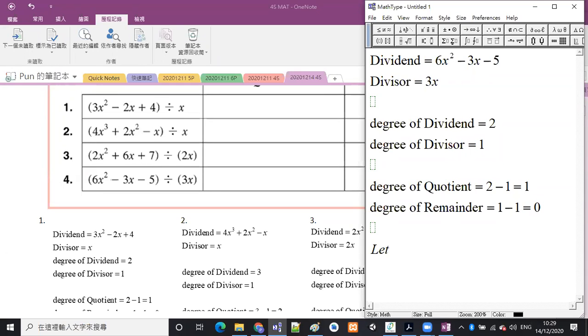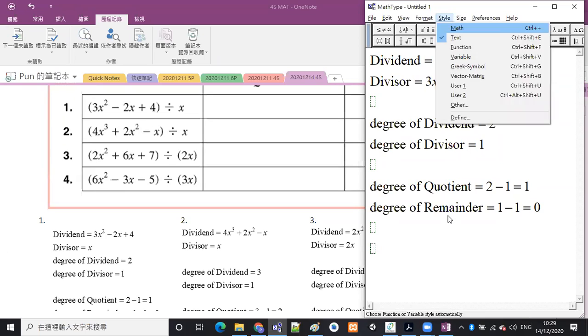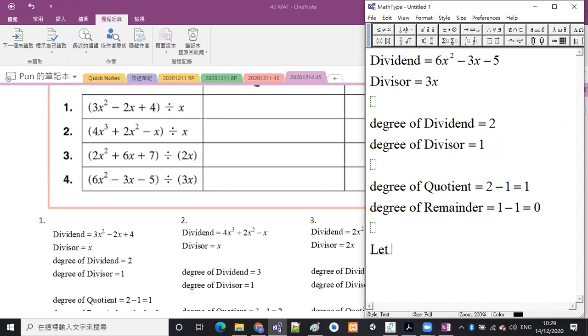Okay, and then we can let the quotient be, if it is degree 1, ax plus b. And let the remainder, because it is degree 0, be just a constant c.